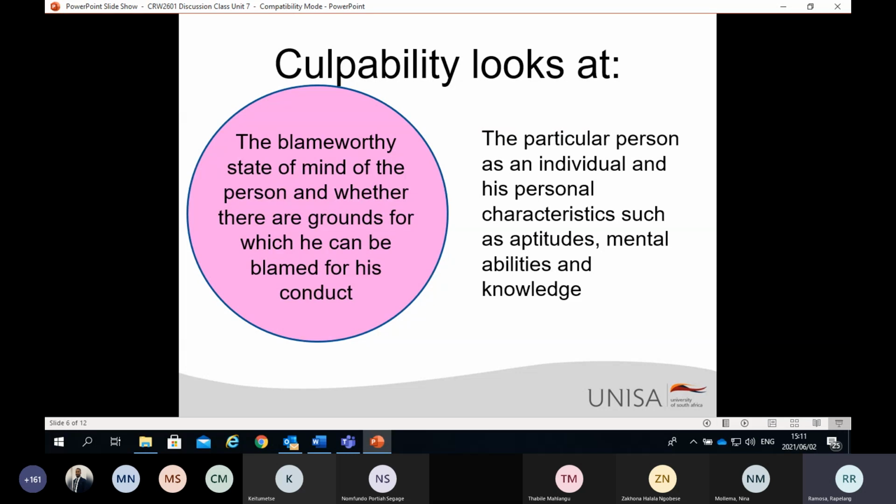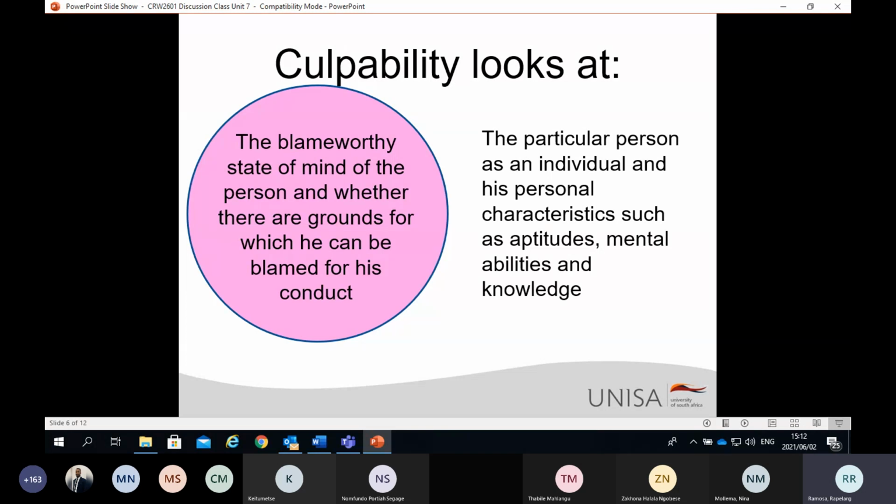What's called the unlawful act, or in other textbooks, the actus reus. And the other element is culpability, which in other textbooks is called the mens rea, or the blameworthy state of mind.